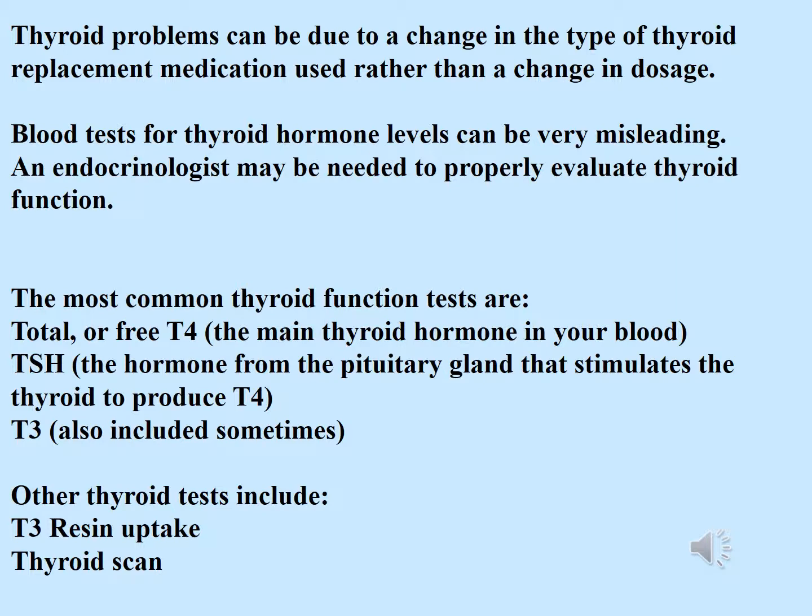That's the main thyroid hormone in your blood. TSH, the hormone from the pituitary gland that stimulates the thyroid to produce T4. T3 is also included sometimes. Other thyroid tests include T3 resin uptake and a thyroid scan.